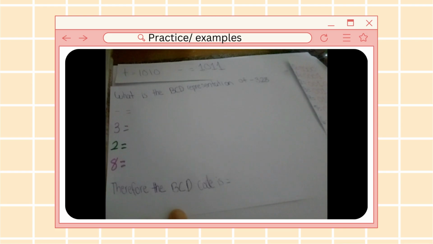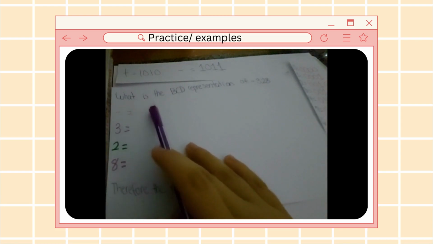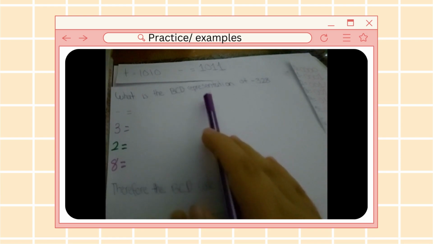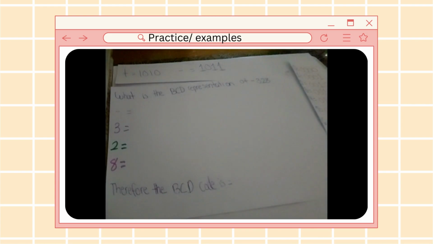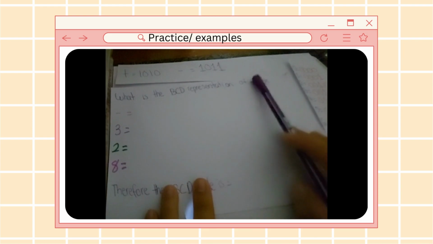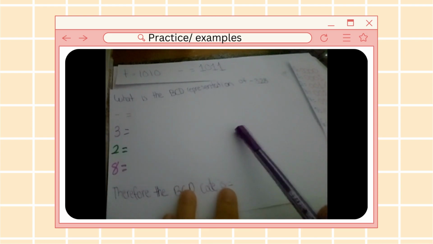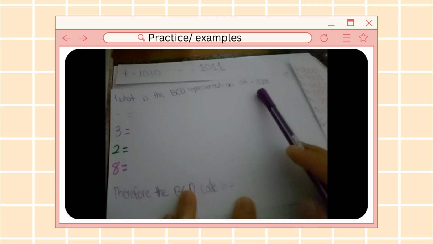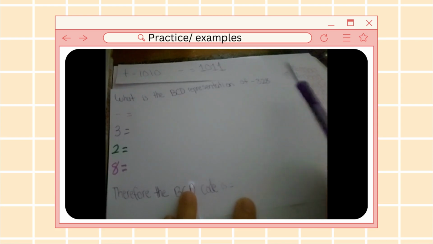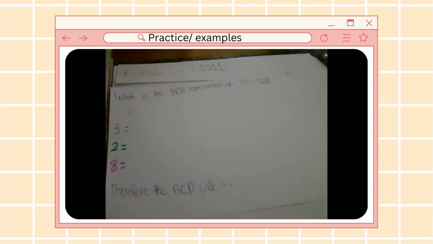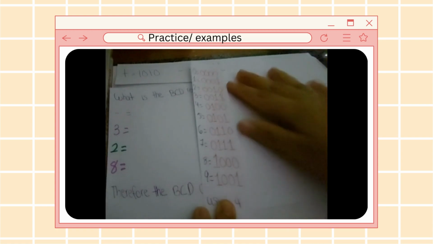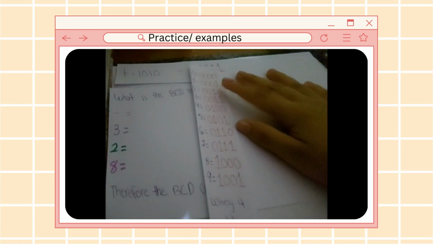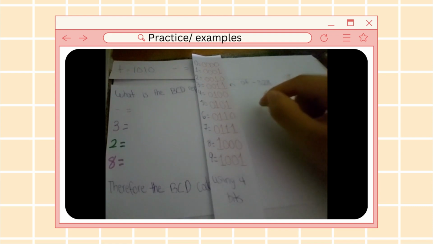Now then, the example asks, what is the BCD representation of negative 328? Knowing the rules, BCD requires us to separate all of the digits. Therefore, we will find the binary code for number 3 on its own, number 2 on its own, and number 8 on its own. Because the method only requires 9 digits, the binary codes for all 9 digits are already provided, and they use 4 bits.